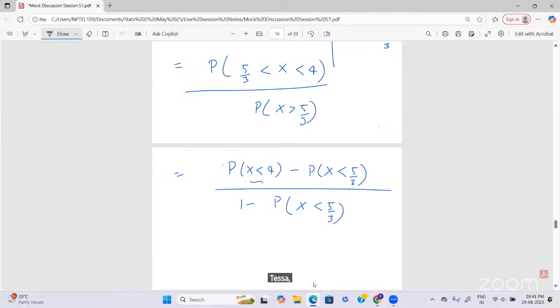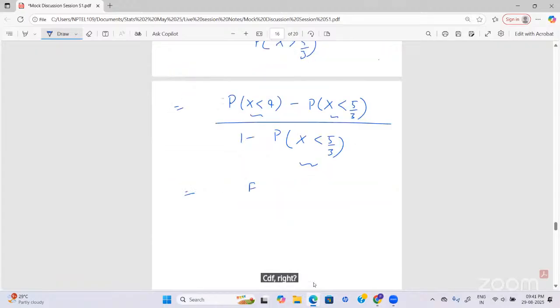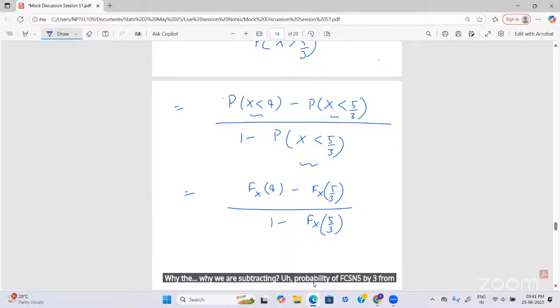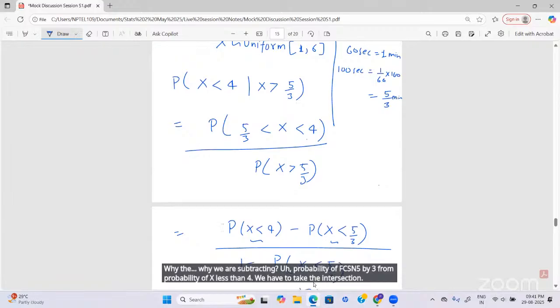These terms are CDF, right? This is the CDF at 4, this is the CDF at 5 by 3. Why are we subtracting the probability of x less than 5 by 3 from the probability of x less than 4? We have to take the intersection, I think. Yes, this will be the intersection part.